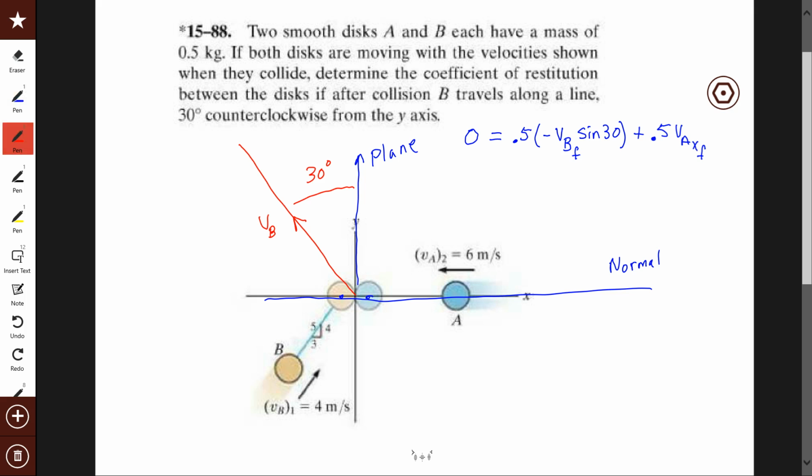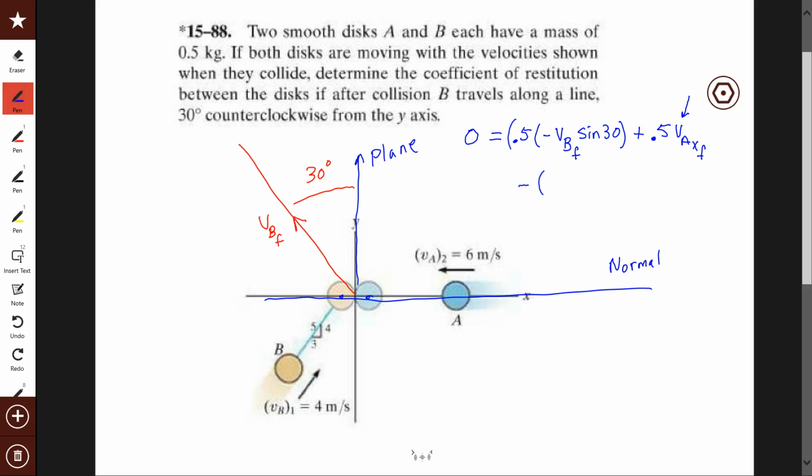That's the velocity after the collision. I don't know which way VA is going at the end. I'm just going to solve for it, and if I get a positive, that means I'm correct, it's going to the right. Negative, I'm wrong.